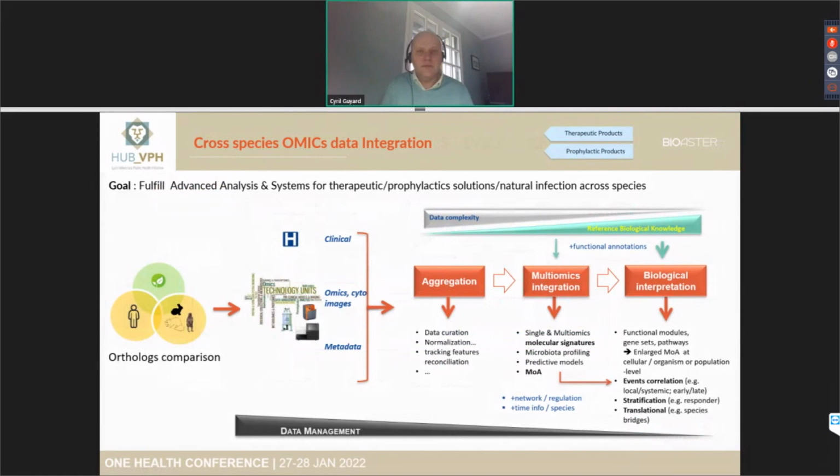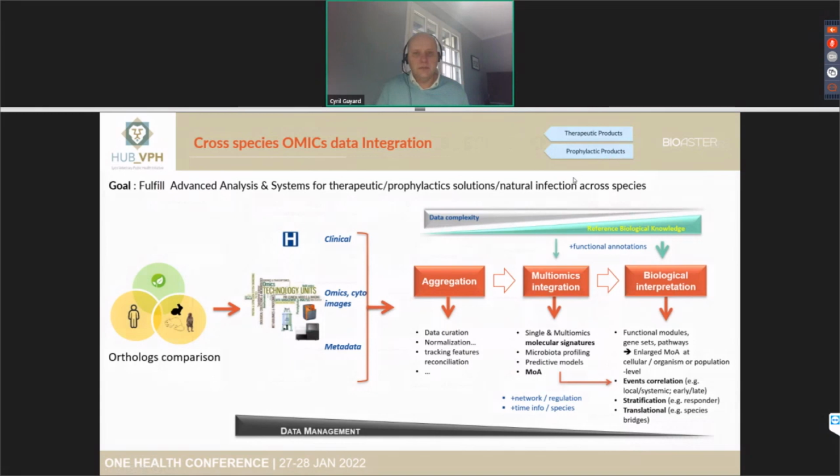Here is the first example of a project that is ongoing at Bioaster, where we're looking at cross-species omics integration. This is developed in the spirit of therapeutic product development, but also prophylactic product development.